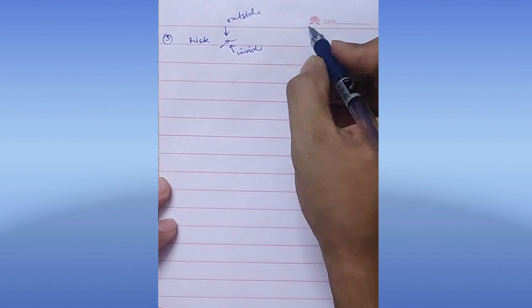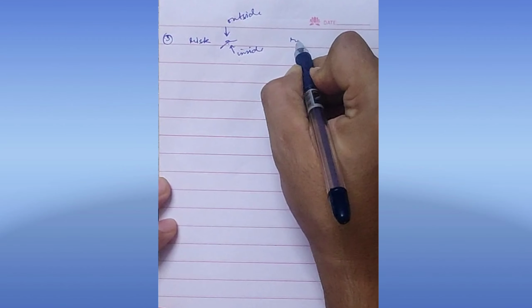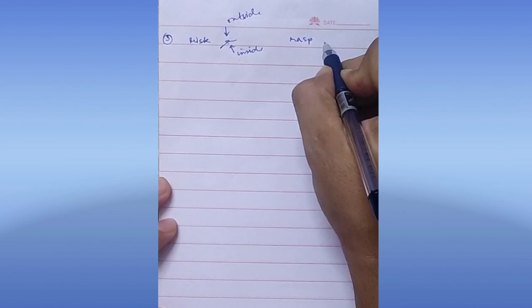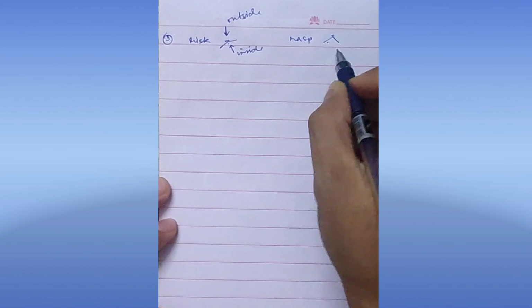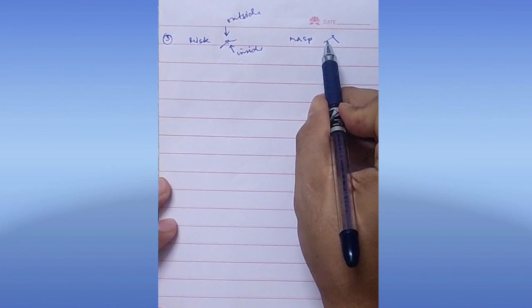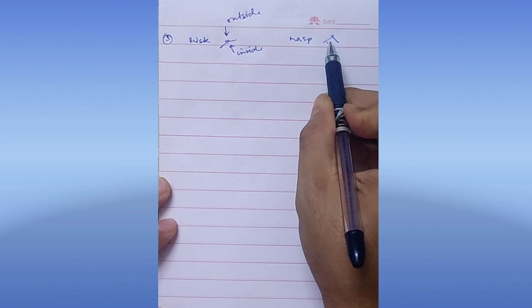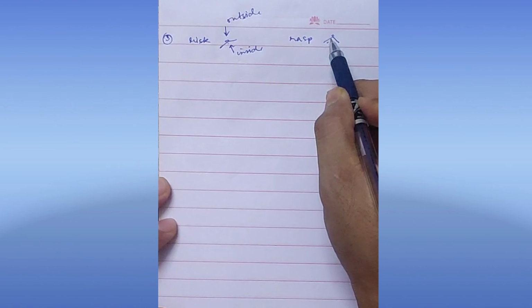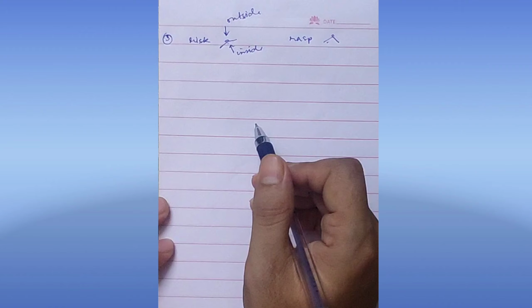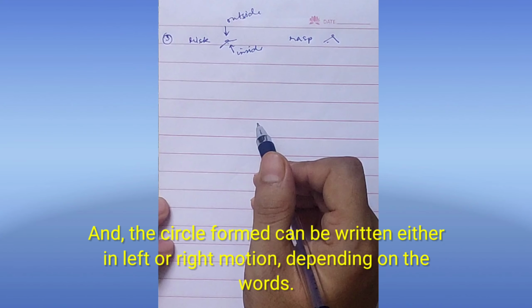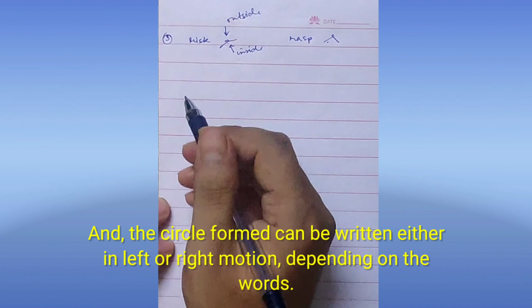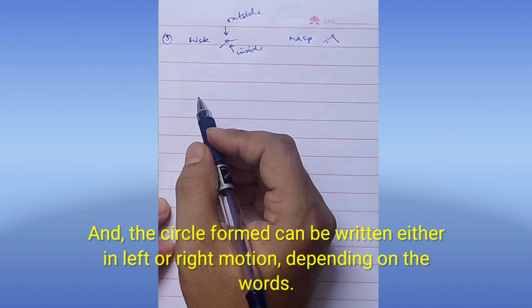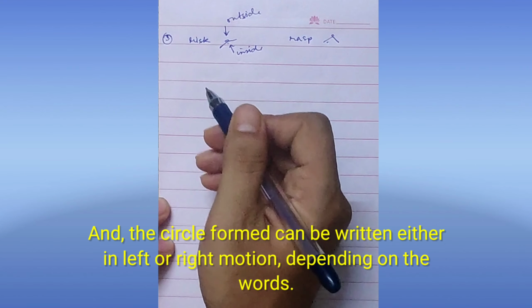Another example, rasp. This is formed by two straight strokes. Circle S is written outside the angle, and the circle can be written either in left or right motion depending on the word.